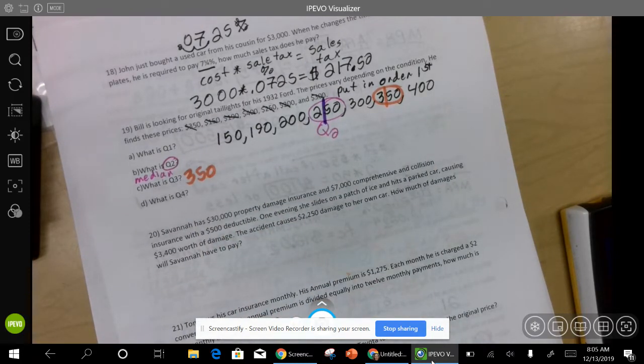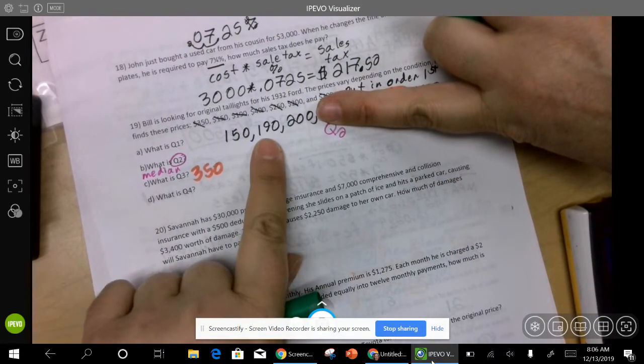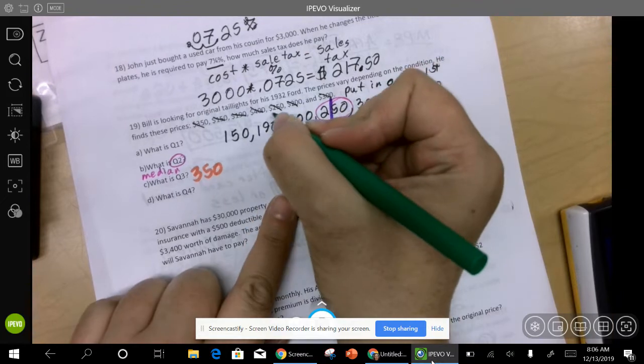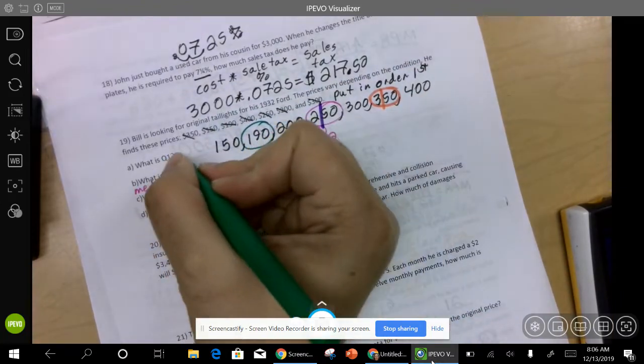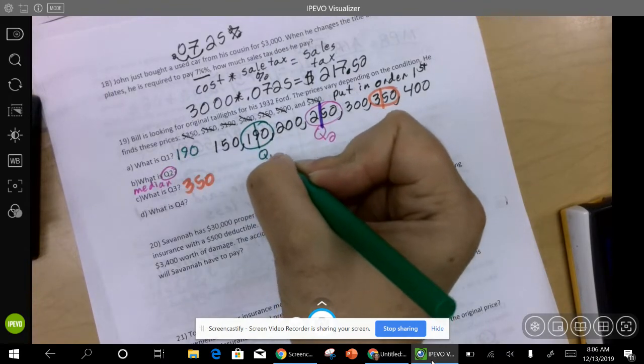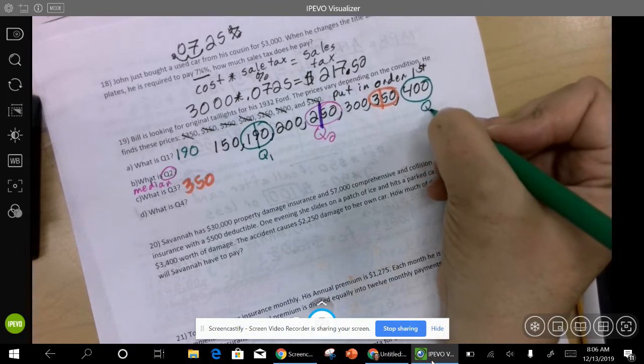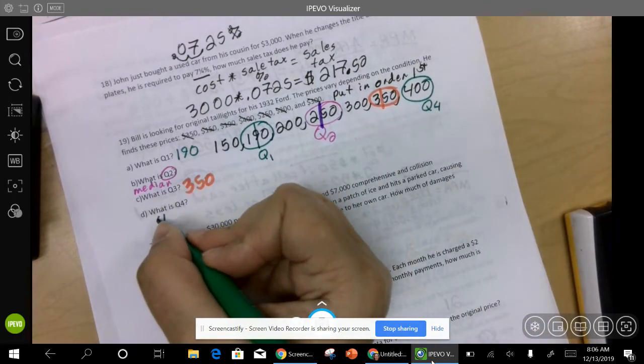Okay, and then quartile 1, so I look at the lower half of the data, the middle of that one, the middle quarter, is going to be 190. So that's quartile 1. What is quartile 4? Everybody is always the highest number, so that's 400.